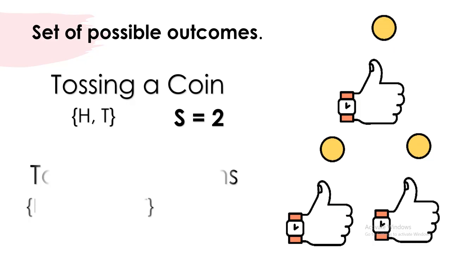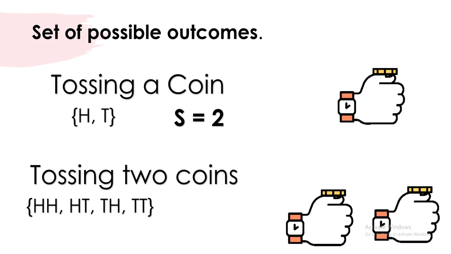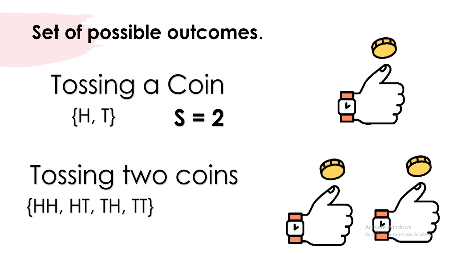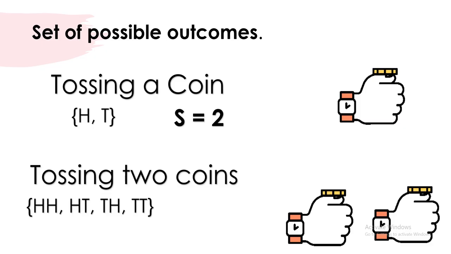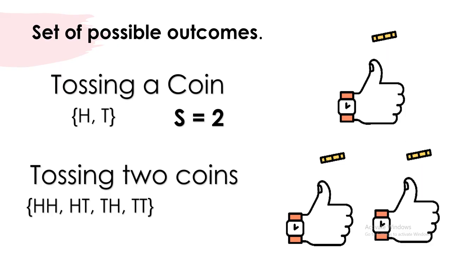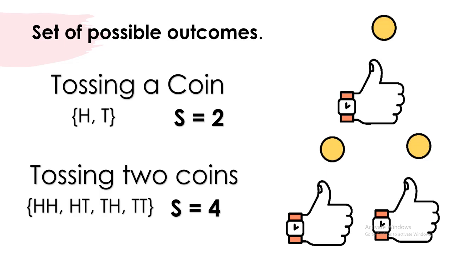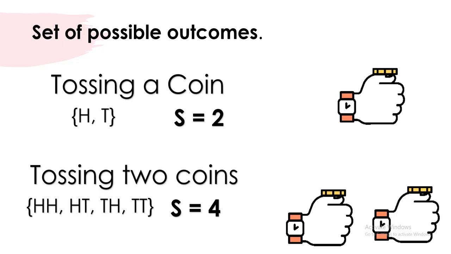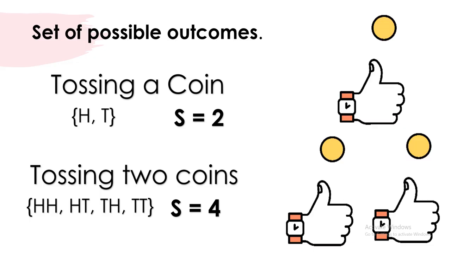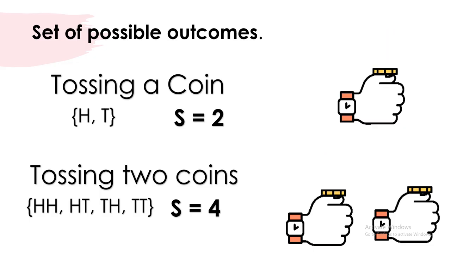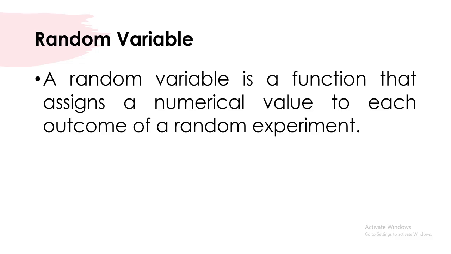In tossing 2 coins, we have 4 in the sample space, and that is HH, HT, TH, and TT. So you can determine the number of possible outcomes by using the formula 2 raised to n. So the sample space here is 4. Please remember this information because we are going to use this data for the next lesson.